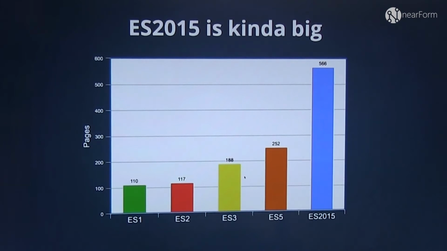And the same happens with the third and version 5. But between the last one, ES 2015, and the previous one, we have almost twice or more than twice the number of pages. That's how big the latest version is. You have a number of features, and if we had to talk about all those features now, we wouldn't have the time.